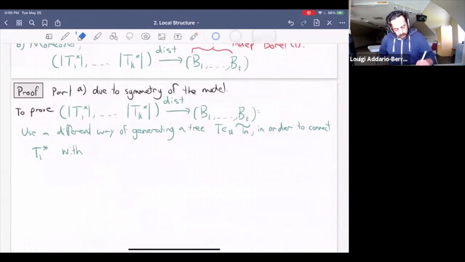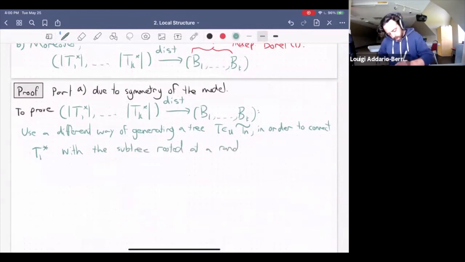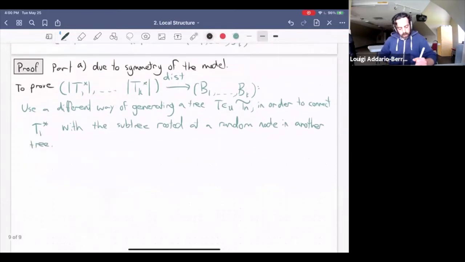So in order to connect T1 star with the subtree rooted at a random node in another tree, when I say a different way of generating a tree, it's fancy words for something very simple, which is just a uniform rerouting.